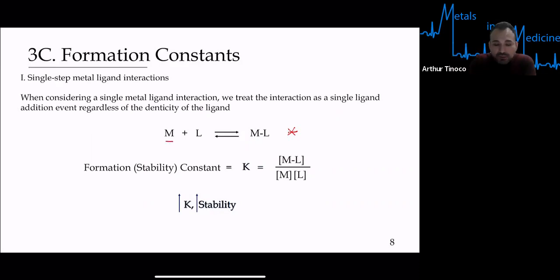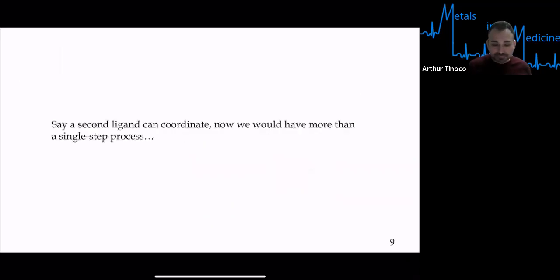So we have one metal plus the ligand, giving you your metal-ligand complex, your metal-ligand adduct. The K value is your formation constant, or another way of saying that, your stability constant, and that is our measure here. As we're well aware, the higher this K value is, the higher the stability of the metal-ligand compound.